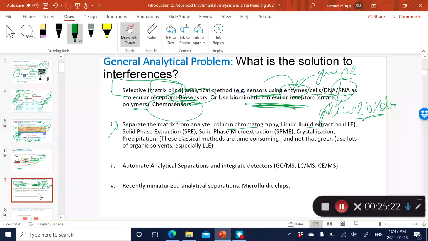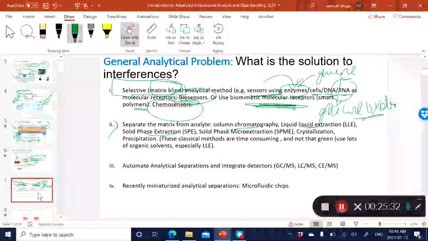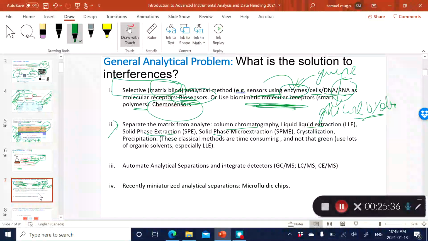Solid phase extraction is another example of separating the analyte using its ability to get trapped into a solid platform. Recently, people have developed or miniaturized SPE into solid phase microextraction, and we do that a lot in our research group as well. You can also do things like crystallization, which is very common.